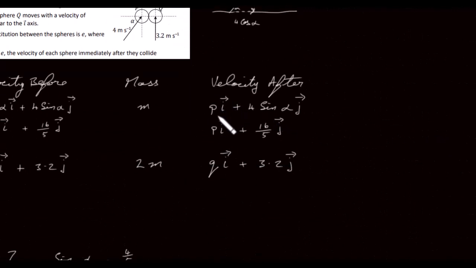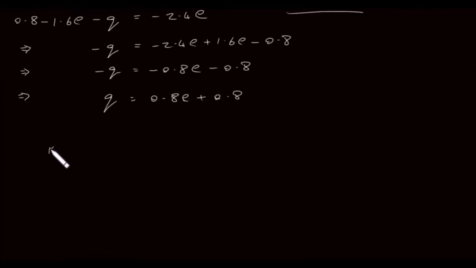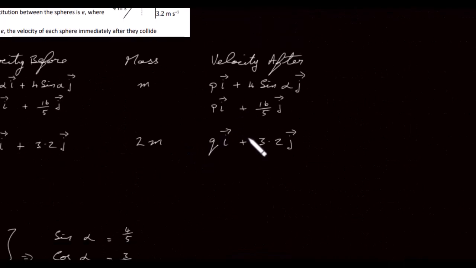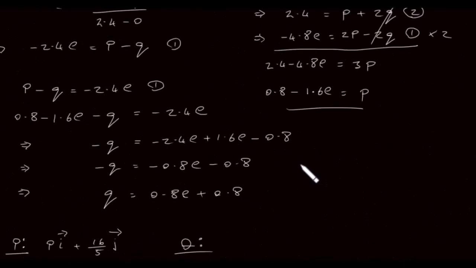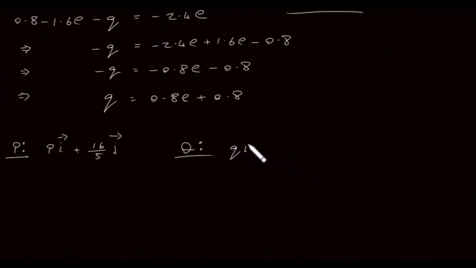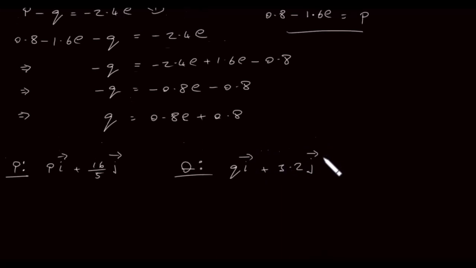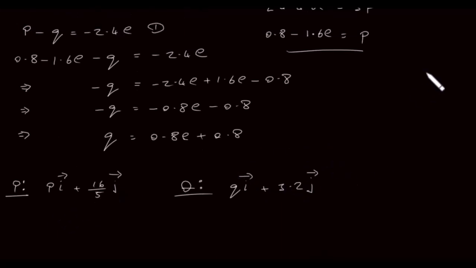Okay, so all we've got to do now is just write in the values for p and q here. Remember we had p i plus 16 over 5 j. This was our P sphere, and our Q sphere then was q i plus 3.2 j. So let's just stick in our p's and q's here and change this to a decimal as well.